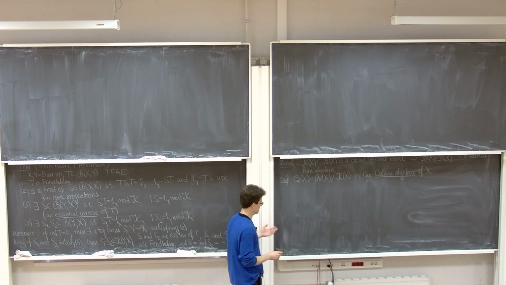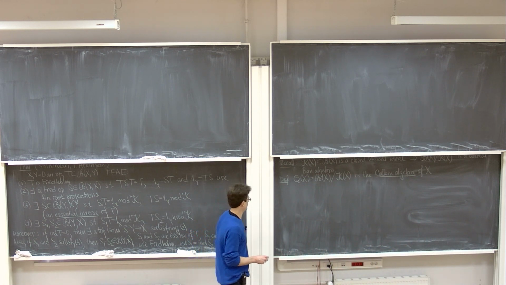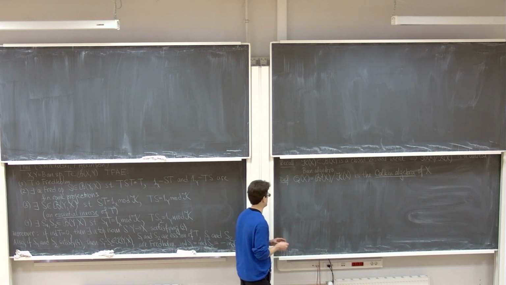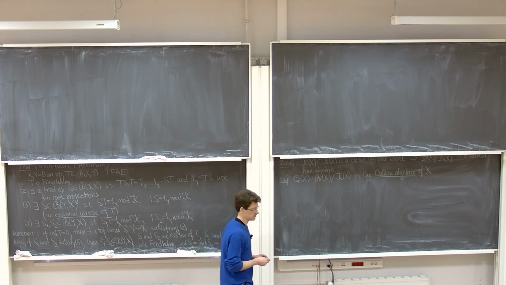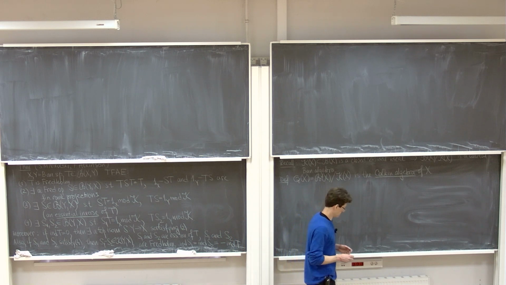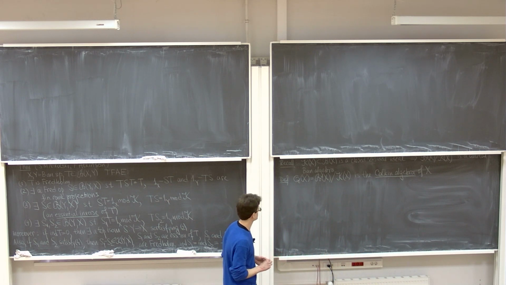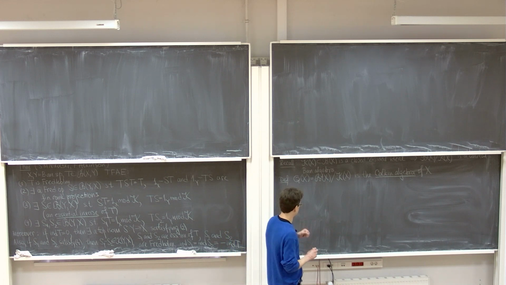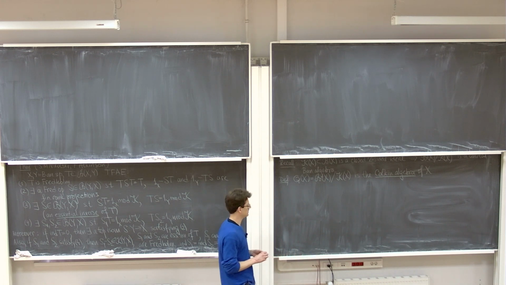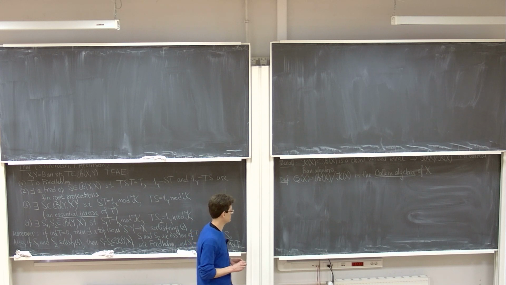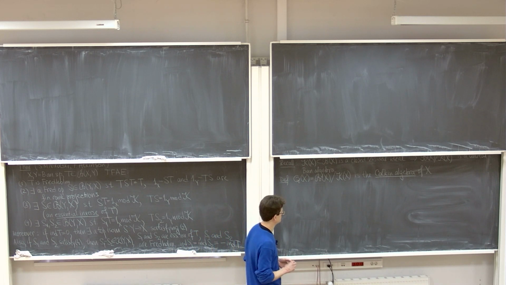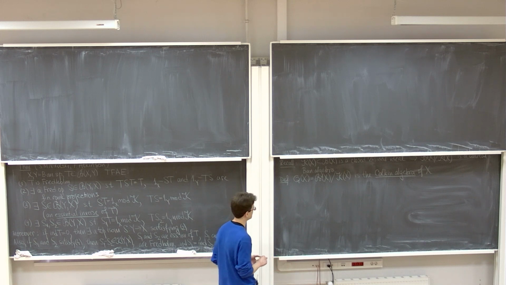So Calkin was a mathematician who worked in operator theory and proved many interesting results about Fredholm operators and some related stuff. The Calkin algebra plays an important role in, for example, K-theory and in the extension theory of operator algebras. And we will use this algebra to introduce an interesting subset of the spectrum of a linear operator.